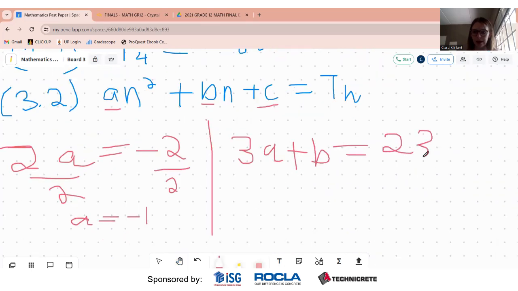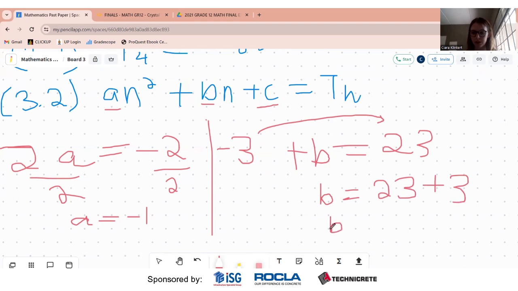I now know what a is, so I'm going to substitute -1 in the place of a. And now I need to solve for b. So -1 times 3 is going to give me -3. Now, to get b alone, I must take this over, and when I take it over, it becomes +3. So I get that b is equal to 23 plus 3. So b is equal to 26.